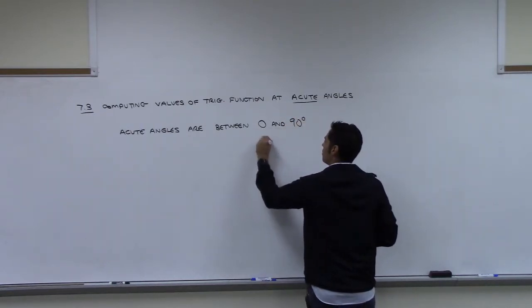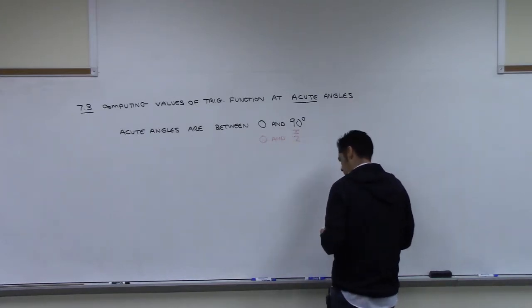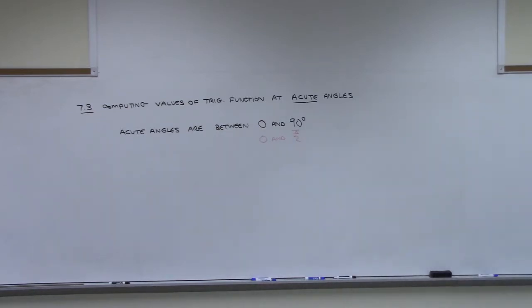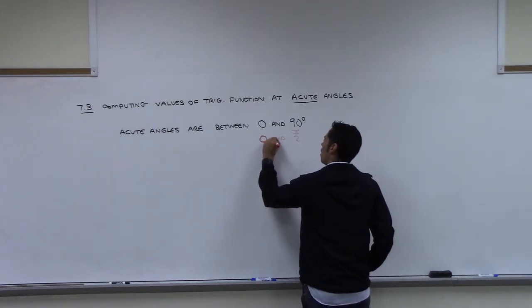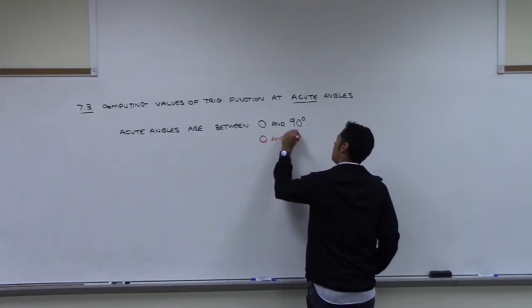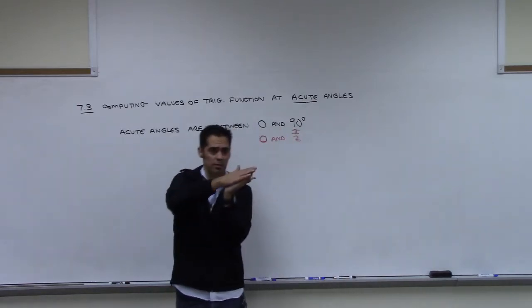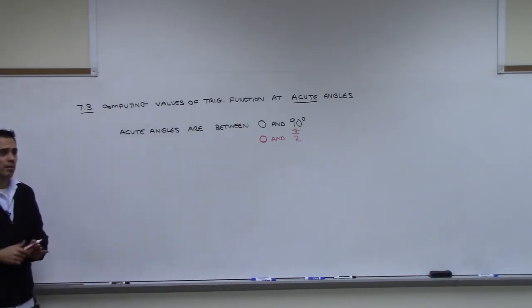Or you could say 0 and pi over 2 in radians. So what we're going to do is focus all of our attention in this section on a very special scenario where the angles that we're dealing with are acute. And then in the next section, we're going to allow our angles to get bigger than that.